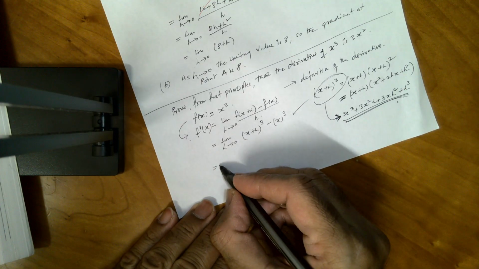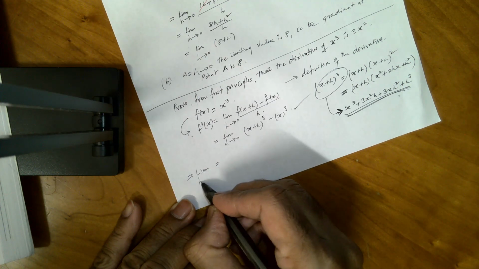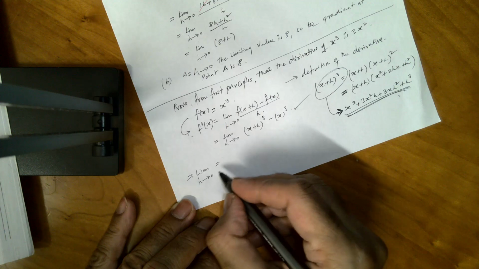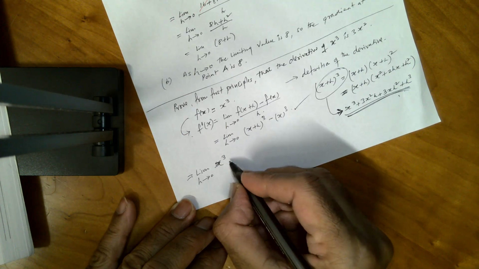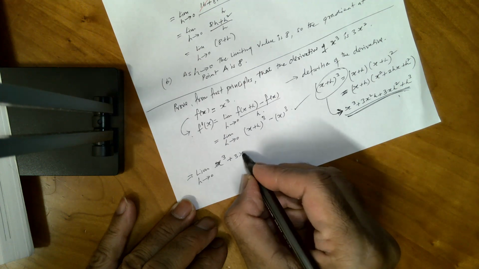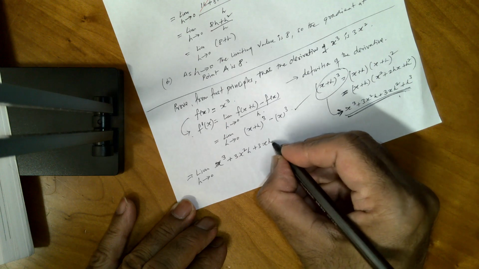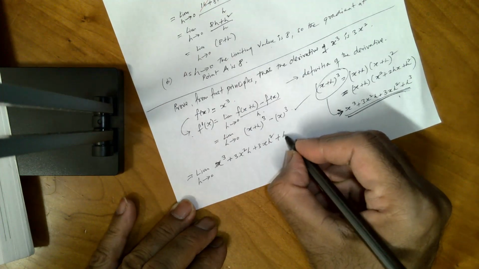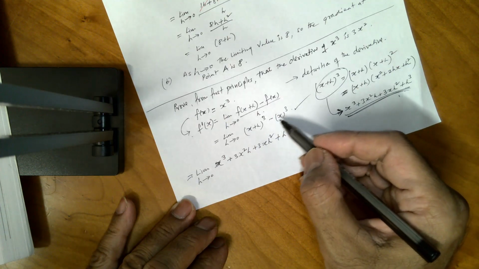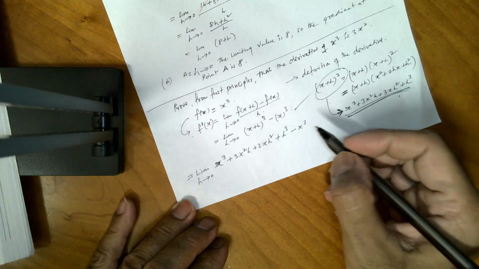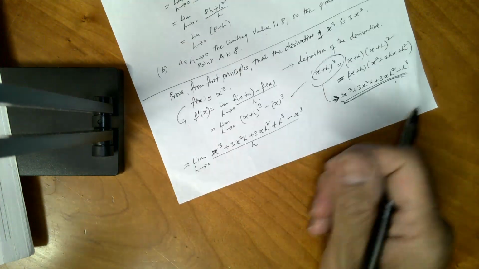Right, so move on to this. So what we got here now, maybe I can write here, limit h tends to 0, x cube plus 3x squared h plus 3xh squared plus h cube, and you also have here minus x cube, and that is divided by h.